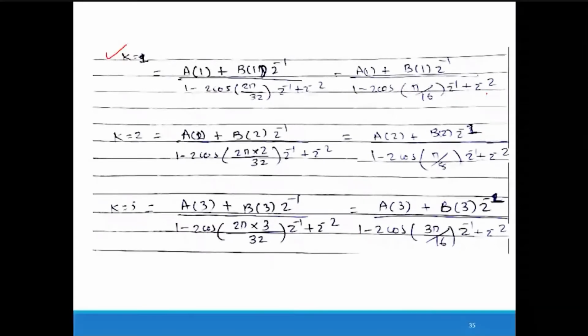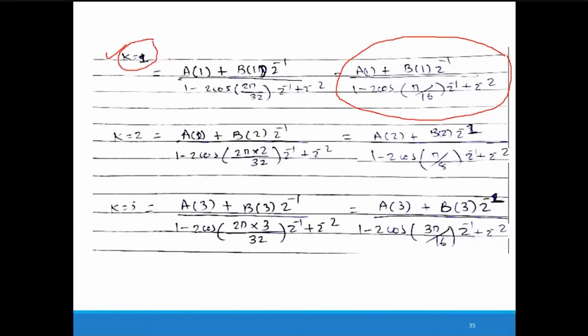So this is the equation where we take k equal to 1. Similarly, when we take k equal to 2, after simplification, you get a2 plus b2 z inverse divided by 1 minus 2 cos pi by 8 z inverse plus z raised to minus 2.